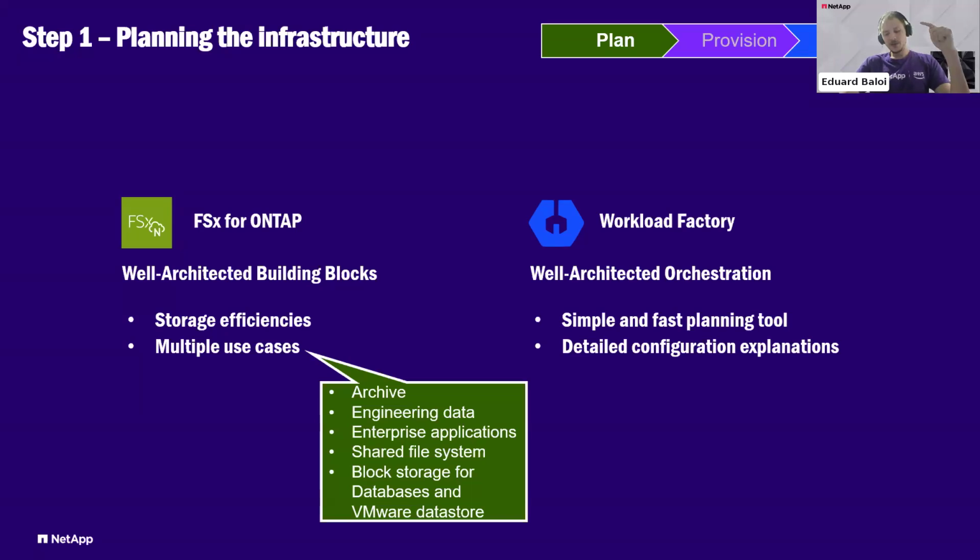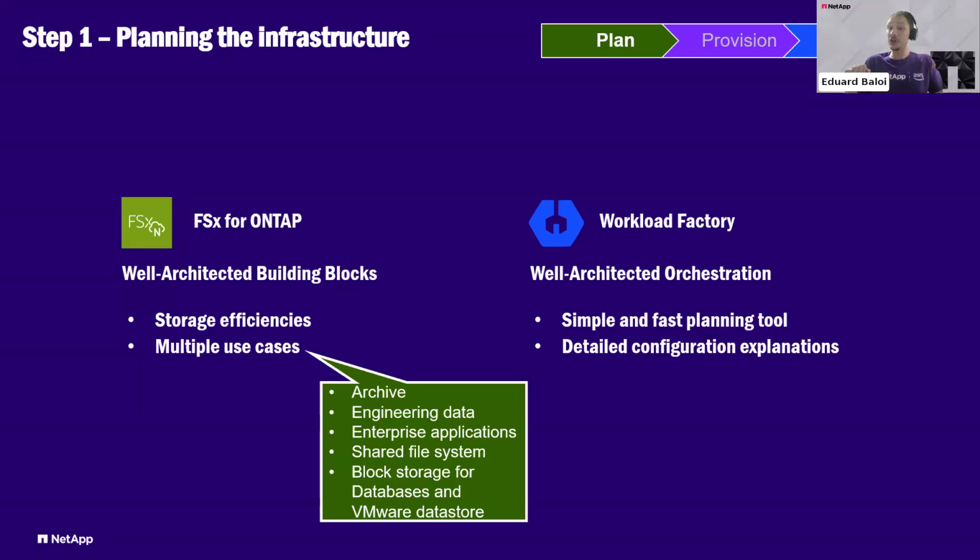Now, previously, when we were selecting our use case, we've seen there were a bunch of them. We focused on the shared file system one, the departmental file shares, but basically we can configure FSx for NetApp ONTAP for multiple use cases. There's a wide spectrum.